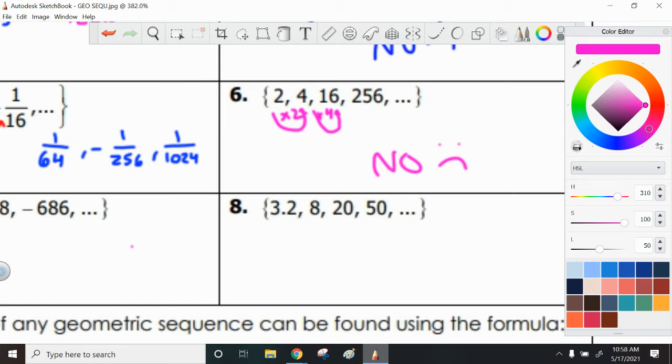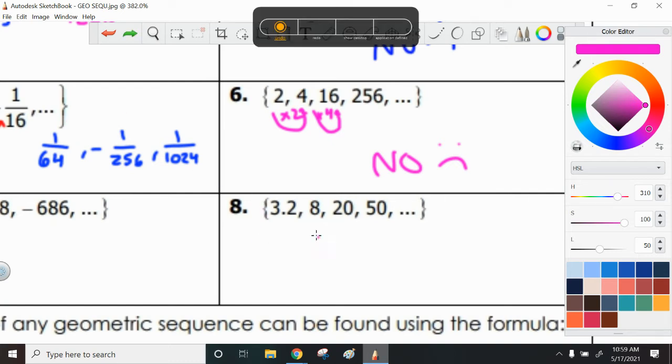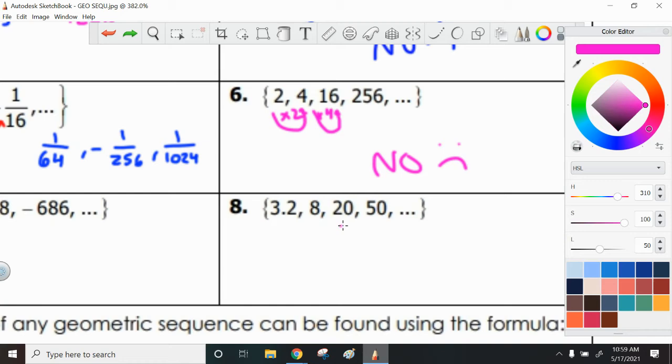As a student, I don't know that I like number 8 because none of these numbers are kind of looking like multiples, right? 8 times 1 would be 8. 2 would be 16. 3 would be 24. So I don't know how to get from 8 to 20. It's not 2 because 2 would be 16. It's not 3 because that would be 24. So it's going to have to be some kind of fraction to get from 8 to 20.